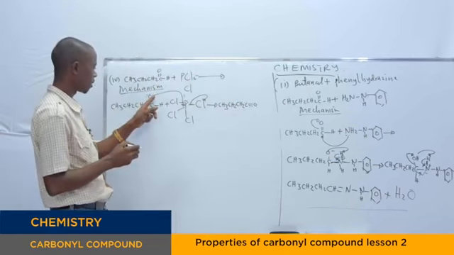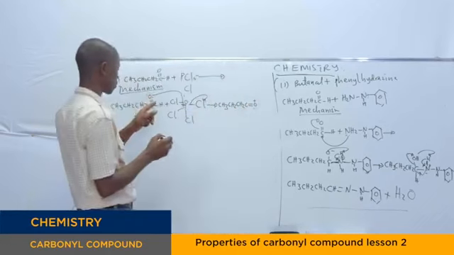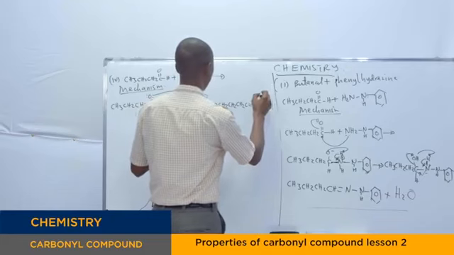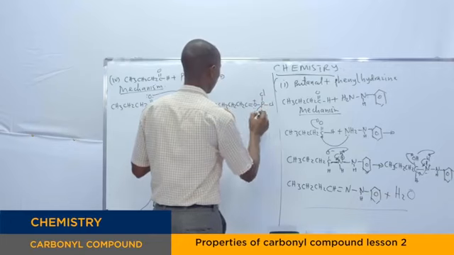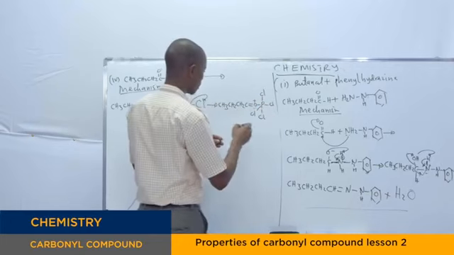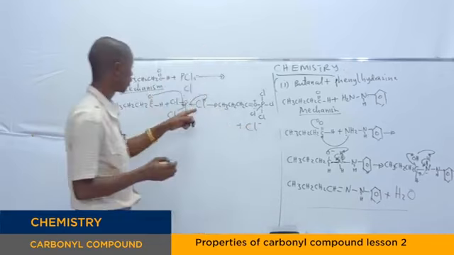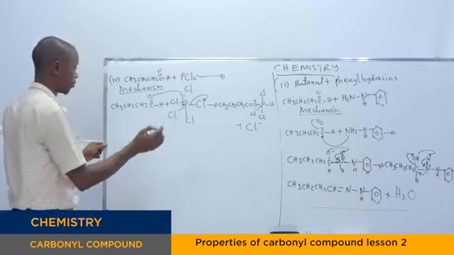This one, after losing this lone pair, will be positively charged. One of the lone pairs is lost, making a bond with phosphorus with 4 chlorine atoms and the chloride ion, this one. So these are the products. So the process continues as follows.